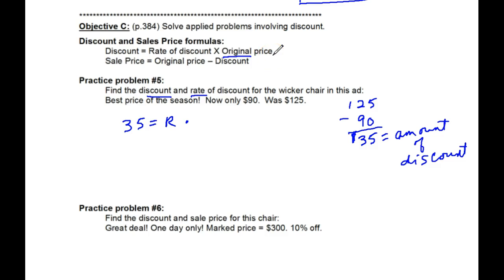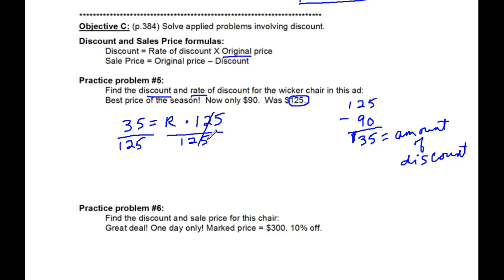Now we had two numbers here, $90 and $125. It's not the 90, it's the original. It's the $125 that we use in our equation here. Amount equals the percent times the base. It's the same kind of thing. I want to find the rate, so this 125 has to get divided off of the right side of my little equation. It has to get divided off of the left side also.